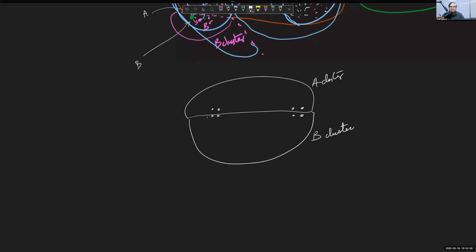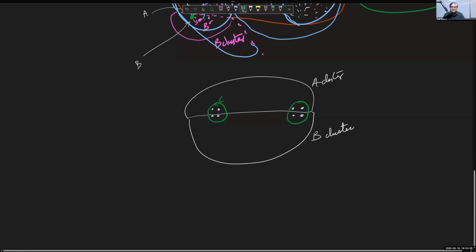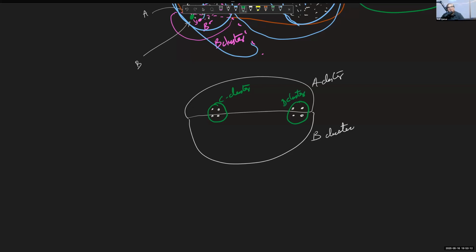On the other hand, somebody chooses this cluster, let me call it C cluster, D cluster. So has the green effort been more successful or the white effort? Which clustering is better? The green one, isn't it?